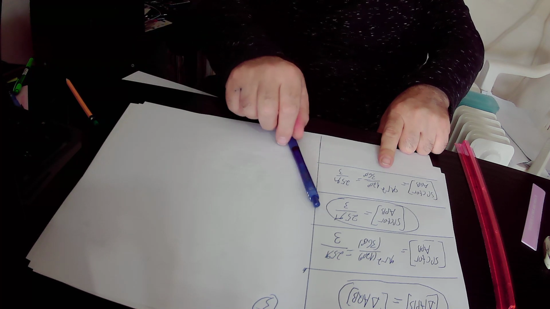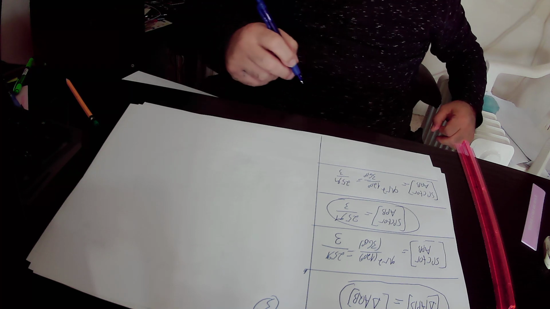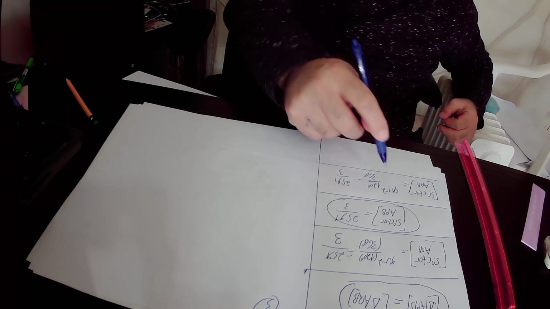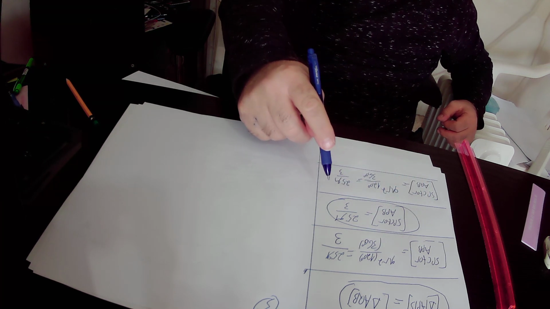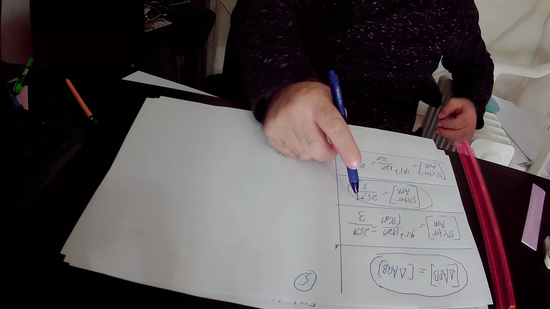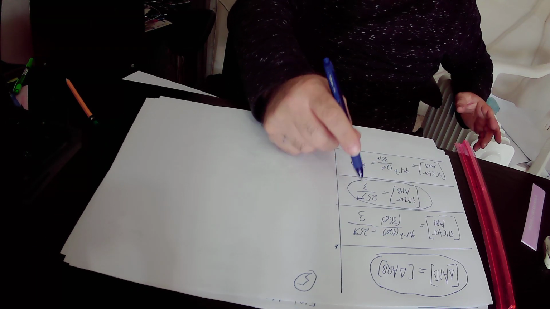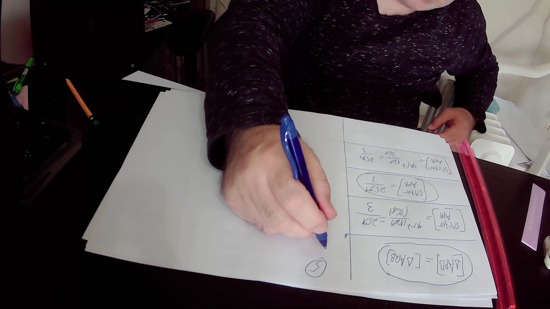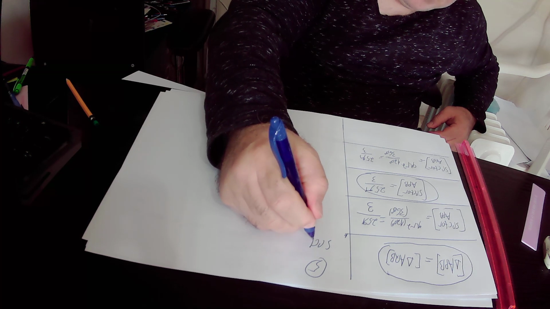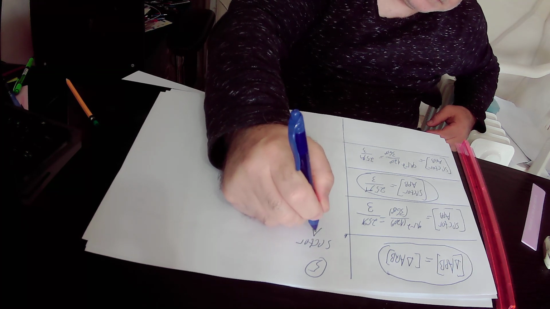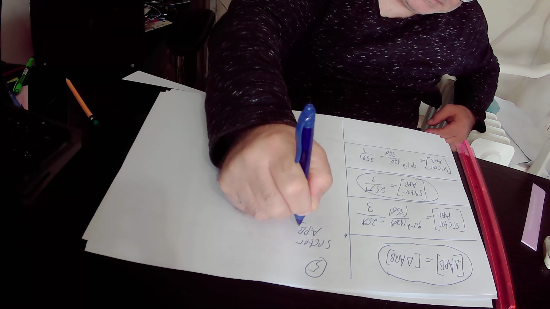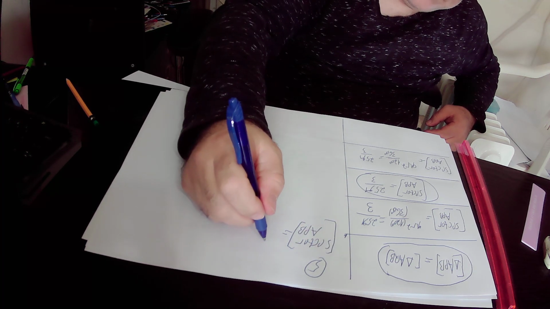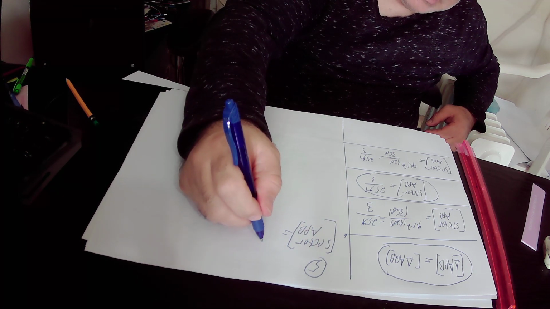I will repeat. The area of sector AQB is also equal to the area of sector APB, and they are both equal to 25 pi over 3 square units. I will write it down. We found out that the area of sector APB is equal to the area of sector AQB.